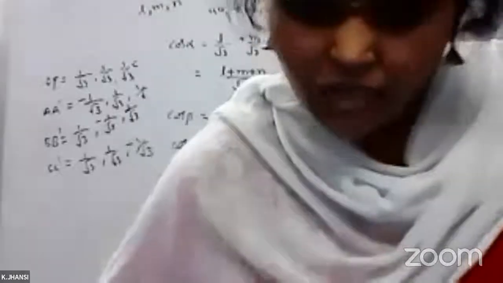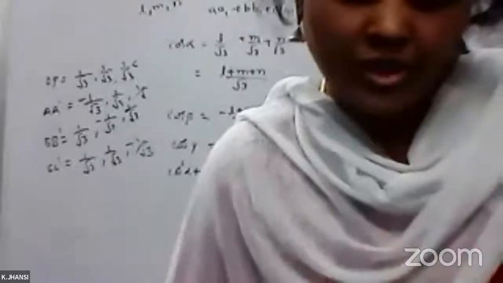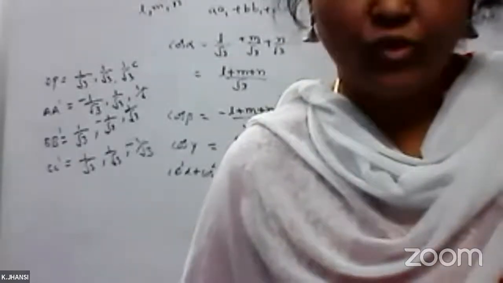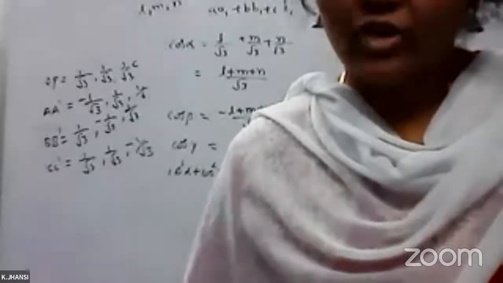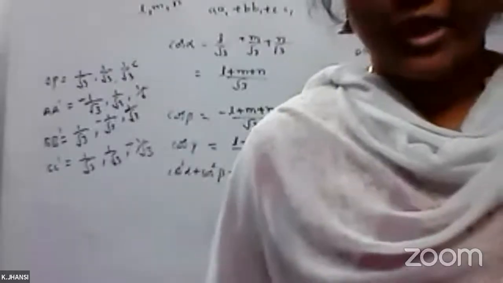Ma'am, for this course, how many credits are there? For this one, you have the 3D core, geometry, linear algebra. Elective, you have only one, that is 3-dimensional geometry. Actually, before the 5th semester, we used to have 2 electives, but all the books were not printed up till now.